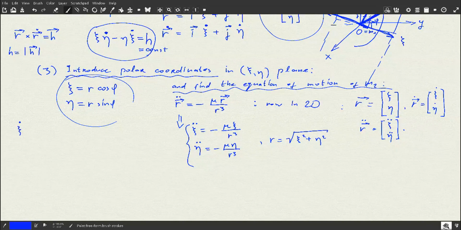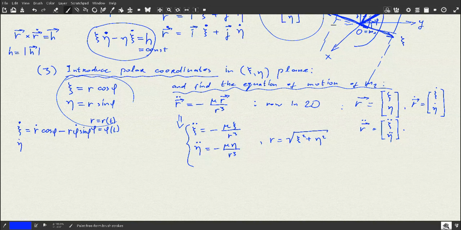So what we get: psi dot equals differentiating the right hand side, and remember that both r and phi are functions of time in general. So in that case, psi dot, differentiating the first multiple, is r dot cosine phi minus r phi dot sine phi. Correct?